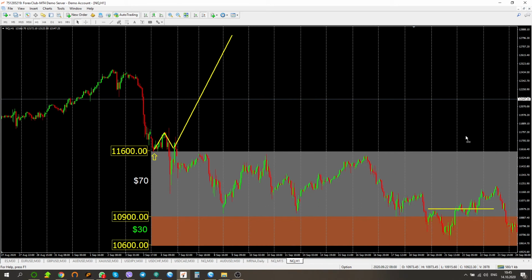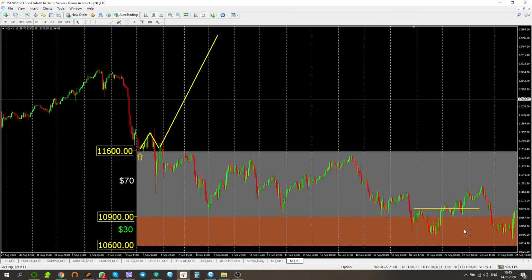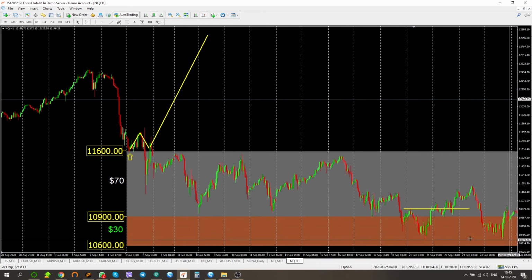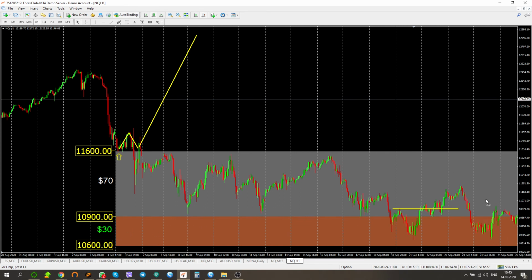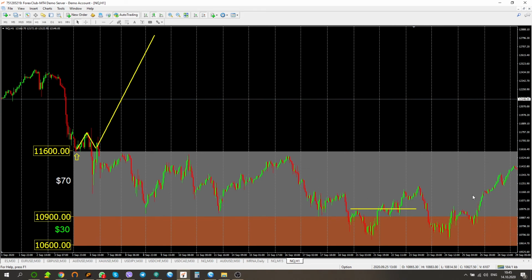So for now we can see that we are going to the second retest here, but we are not going below this level. And again we are retesting the lowest point, and for the second time our deposit is saved by those $30 bonuses. And what happens next? We can see that the market goes up as we were expecting after retesting this level two times.